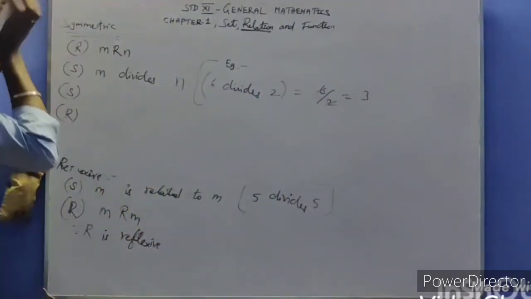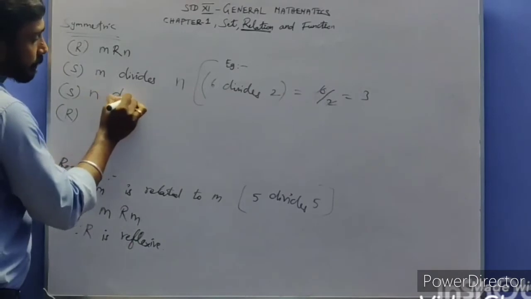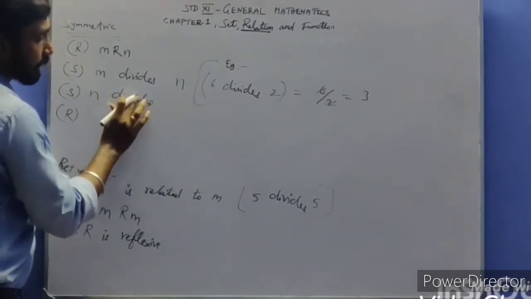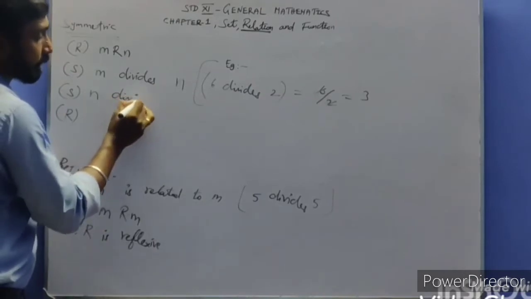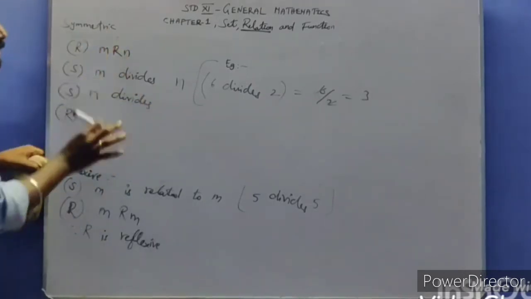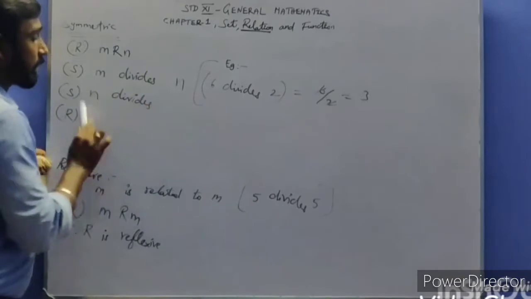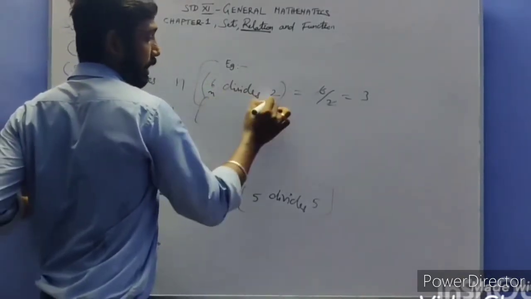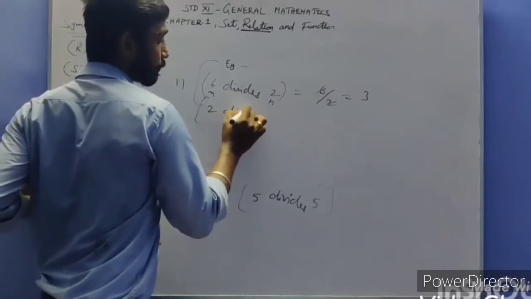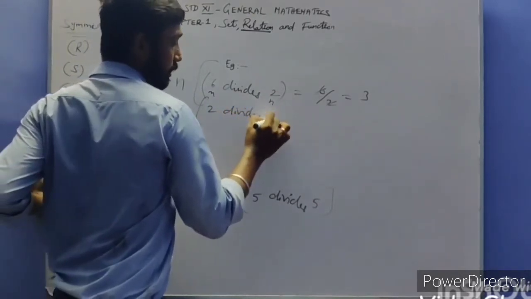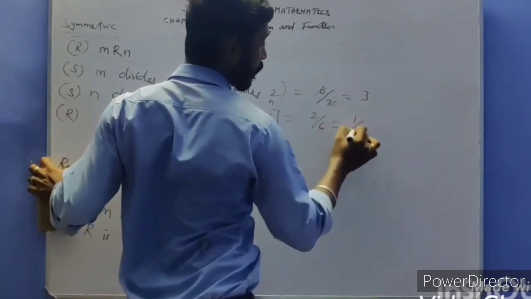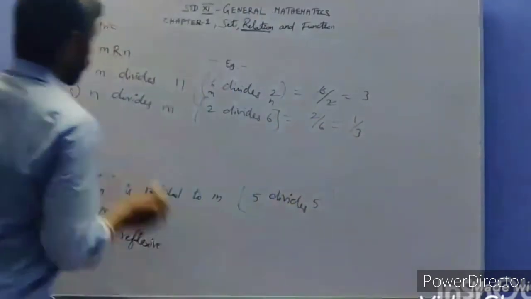This one is only an example. So next, n divides m. Already we have seen the statement for symmetric: m divides n, n divides m. This one is m, this one is n. So 2 divides 6. The answer will be 2 divided by 6, that is 1 by 3.